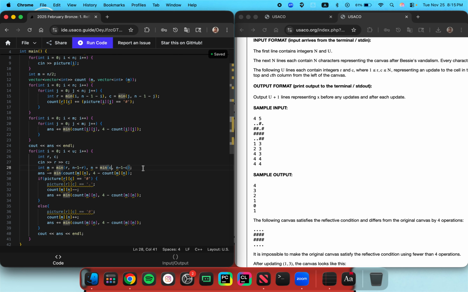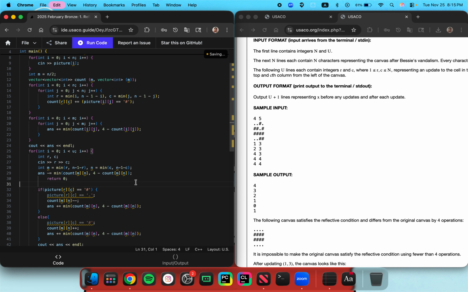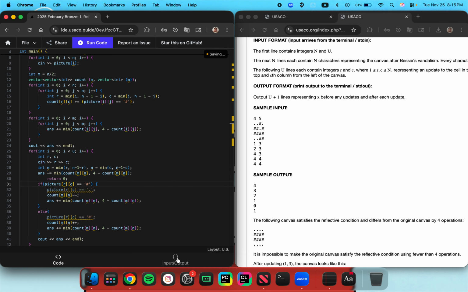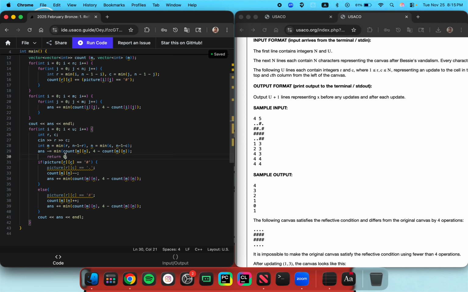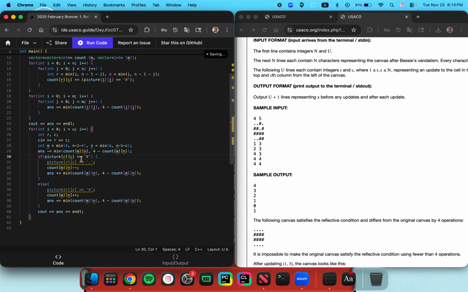So answer subtracts the minimum of count m n and 4 minus count m n. I already ran through it once, so I didn't go through it more.